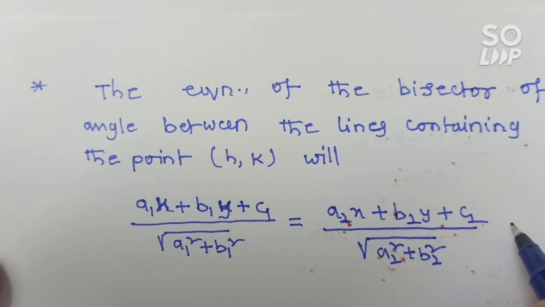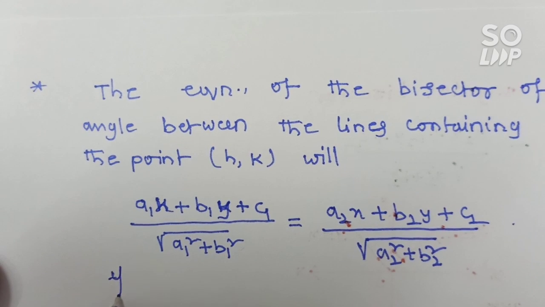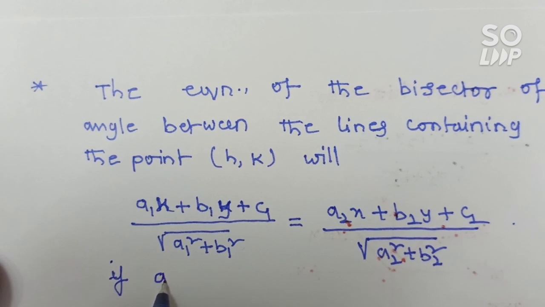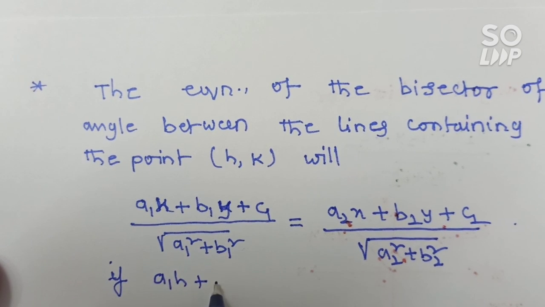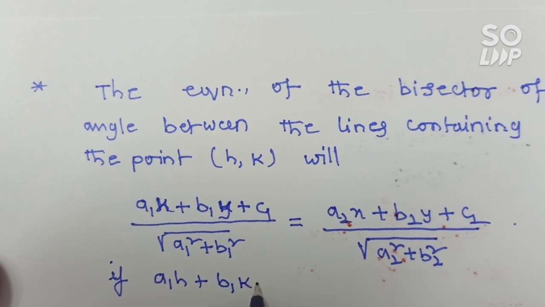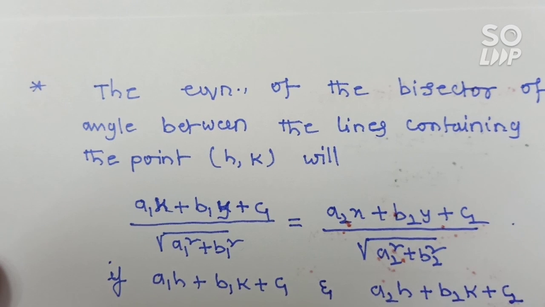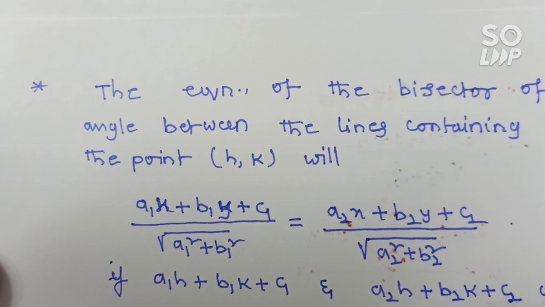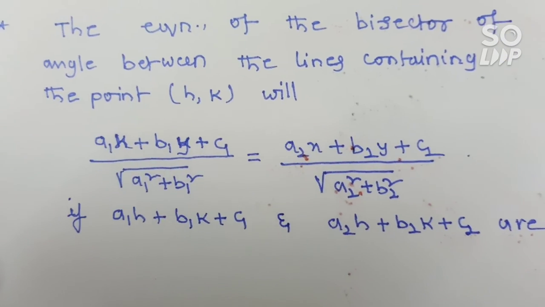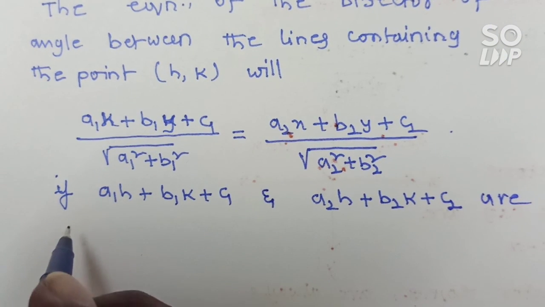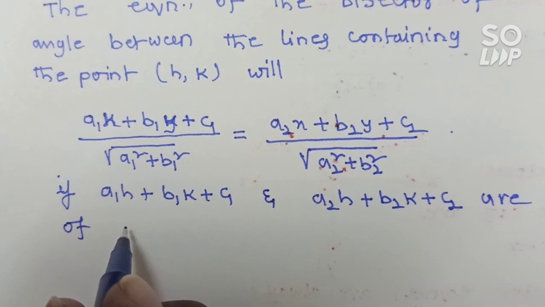This is possible if a1 h plus b1 k plus c1 and a2 h plus b2 k plus c2 are of the same sign.